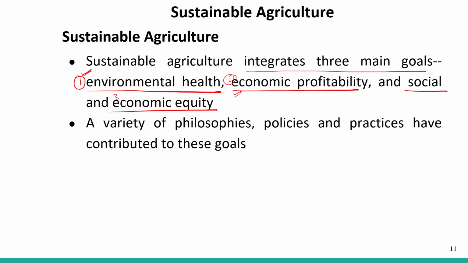So these are the three main goals that sustainable agriculture integrates. A variety of philosophies, policies and practices have contributed to these goals. So there are many types of philosophies, policies and practices that have given strength to sustainable agriculture.